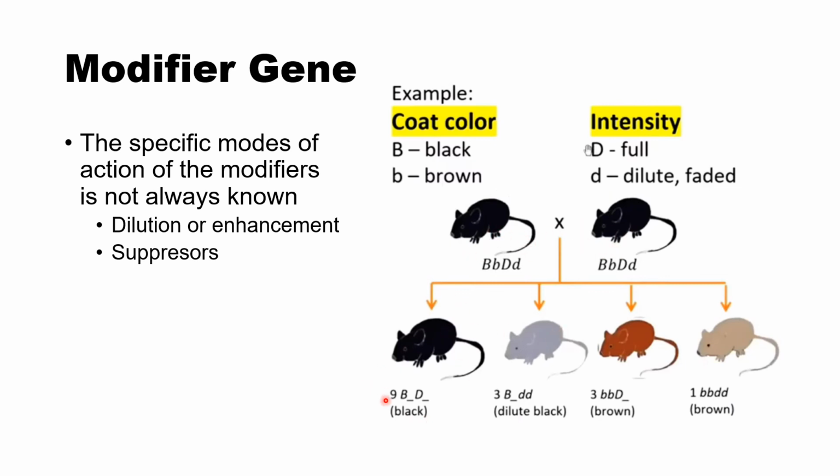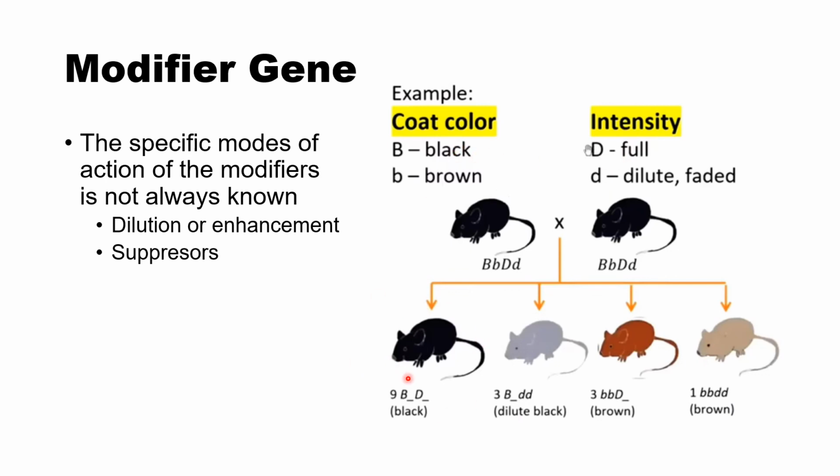Meron kang nakitang 9:3:3:1. So, meron kang nakita na 9 na mice that is black. So, meron siyang dominant B at saka meron siyang dominant D. So, yung kalalabasan ng coat color nung 9 na mice na yon is full na black color.